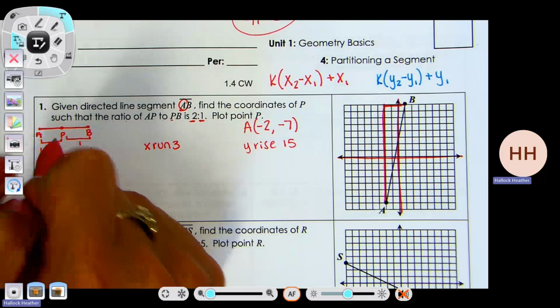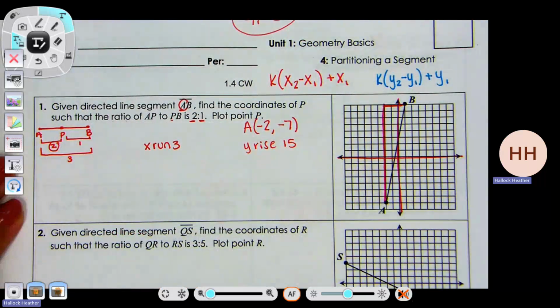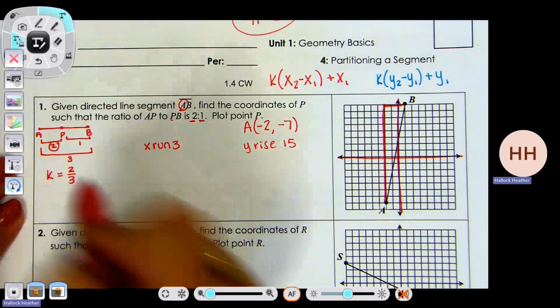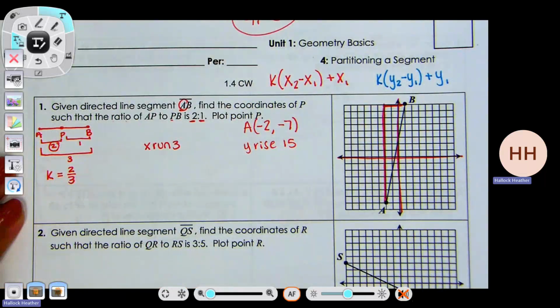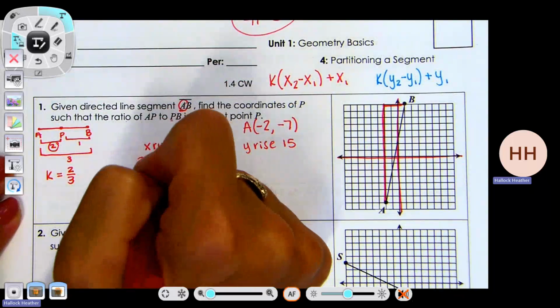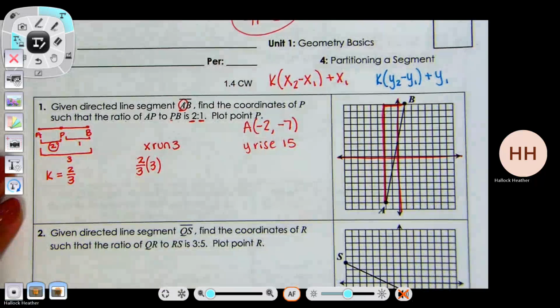That front number should always stay the same, and then basically you're adding them together if you need to. Sometimes you don't need to. So my K is 2/3 because you're making it piece to whole. Instead of running a total of 3, I'm technically running 2/3 of that amount. So what is 2/3 times 3?